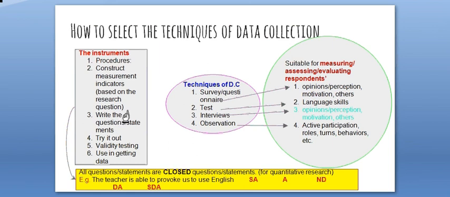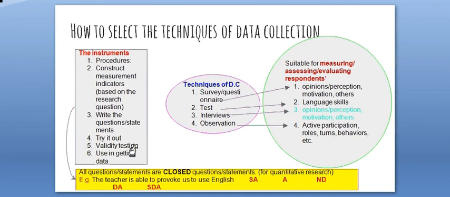After you develop your questions or statements, you write them down in your instrument, then you have to try it out first. What for, sir? Trying out is very important to check the instrument's validity. So in terms of quantitative research, you can do validity testing by employing statistical analysis.